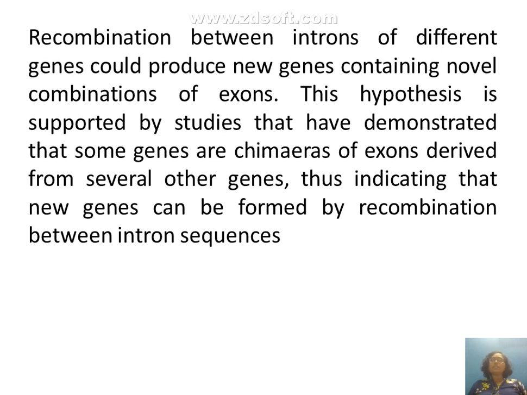Because of that there is a formation of chimeras. Chimeras means when two different exons recombine together in different ways, you will have a chimera of exons derived from several other genes, because the recombinational event has taken place in between the intron sequences.